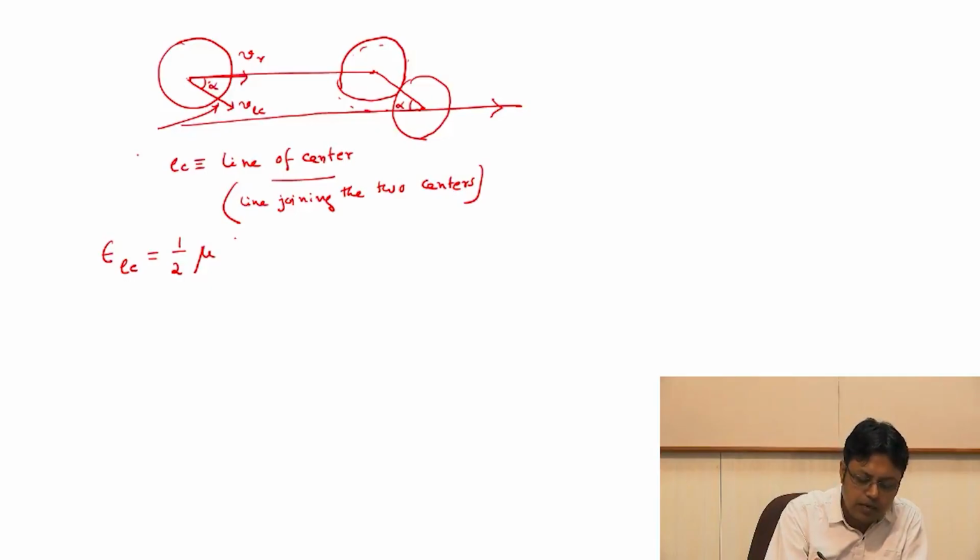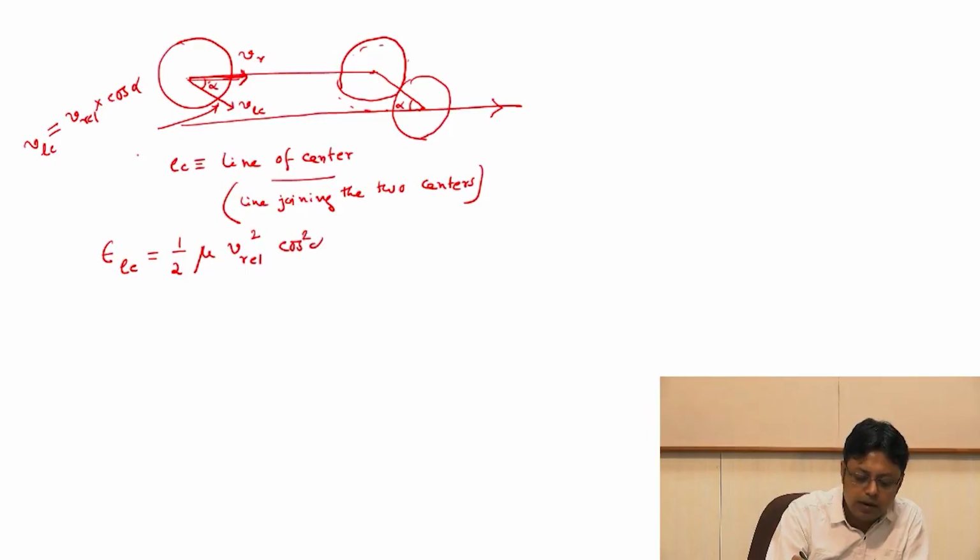Then we write V relative. The component along the line of center, VLC, is V relative into cos alpha, so the energy involves V relative square into cos square alpha.